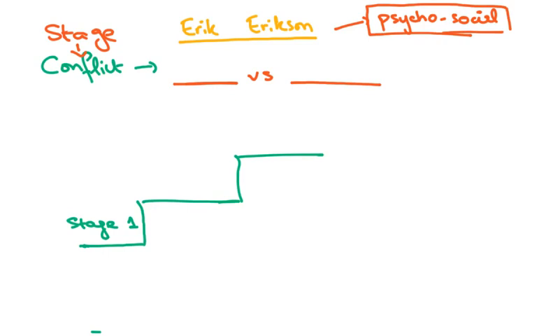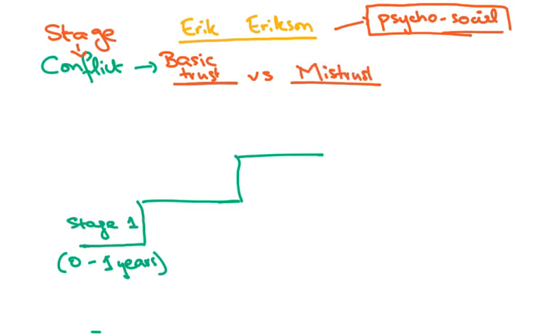So the conflict for stage 1, which is basically 0 to 1 years, is something that Erikson terms basic trust versus mistrust.